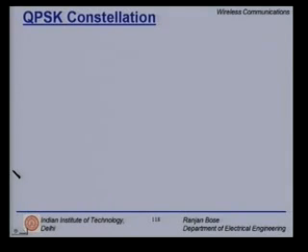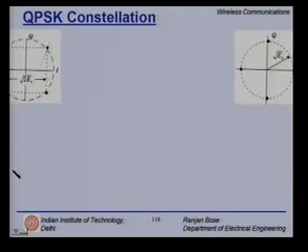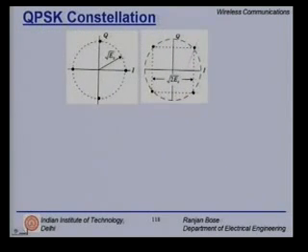Let us now talk about the constellation diagram of QPSK. So clearly you have the in phase I and the quadrature Q components. This could be your cos omega c t, this could be your sin omega c t, or any 2 orthogonal functions.